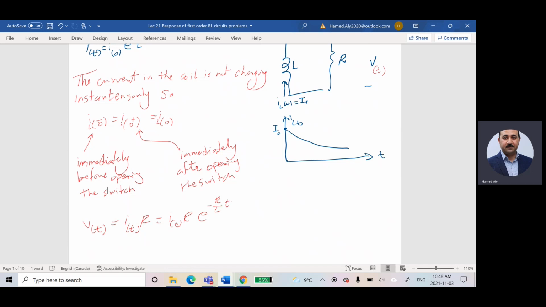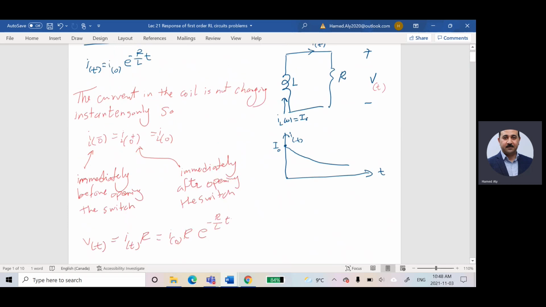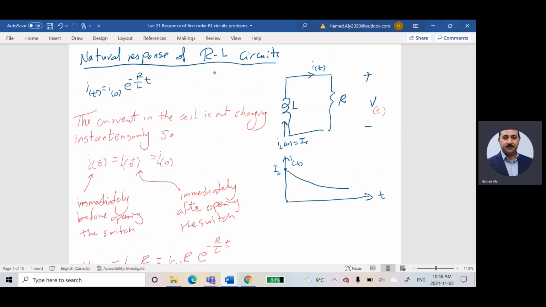This is in case of t greater than or equal to 0 positive, or 0 negative, or generally speaking, 0. For the current here, I can say this is in case of t greater than or equal to 0. Am I right? I can put it 0 positive, I can put it 0 negative, and I can leave it 0, because the current is the same in all cases.